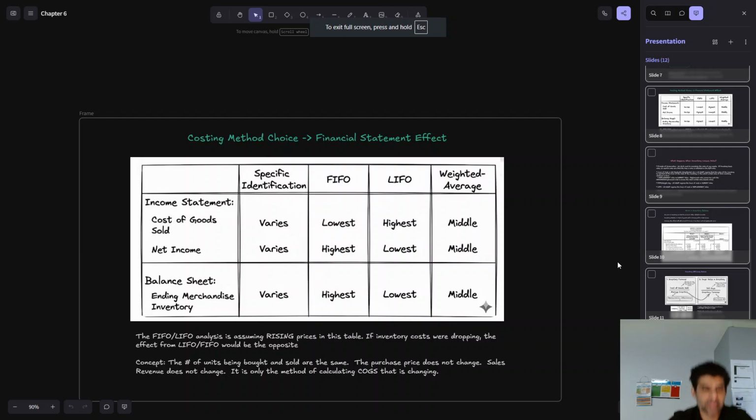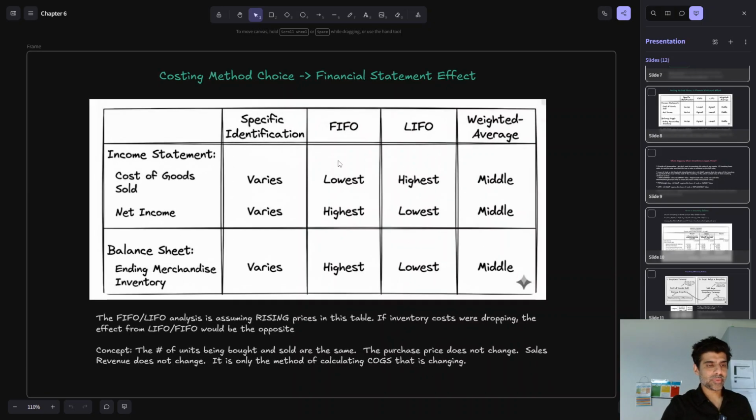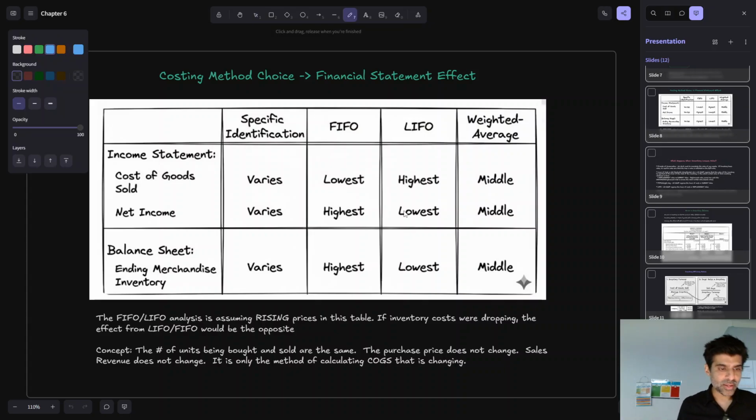Well, we kind of just saw this, but just to state: between these methods, we saw that there's a split between inventory and cost of goods sold. We assumed that prices are rising.